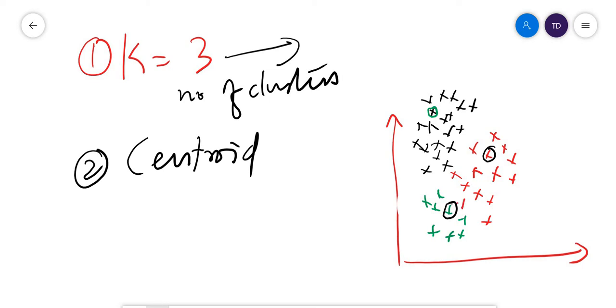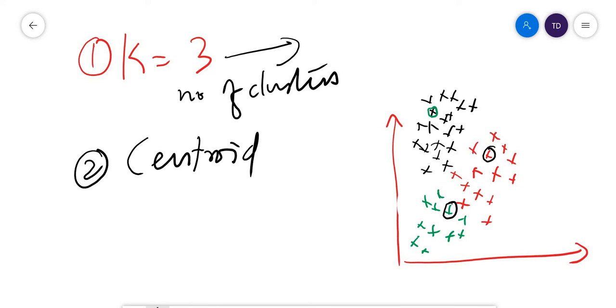Red you have here as well, and green I am showing here like this. So I am taking the first data point. Step 2 is identification of the centroid.